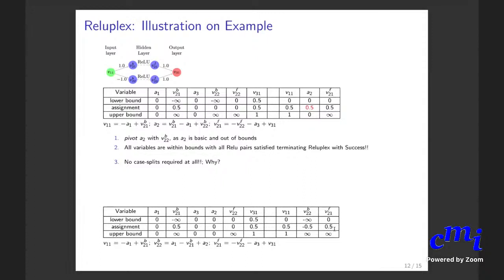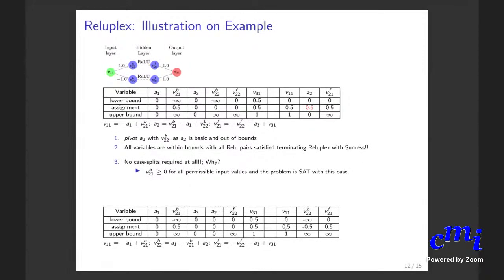interspersed with fixing ReLU pairs. By fixing ReLU pairs, I mean you're adjusting either the input or the output of the ReLU pair variables, so that they satisfy the ReLU constraints in a local way. Then rerunning the LP instance, and in some cases you can get a solution without actually case splitting. That is the idea.